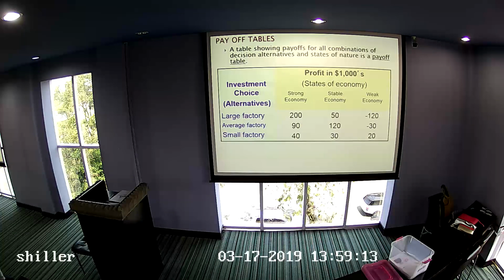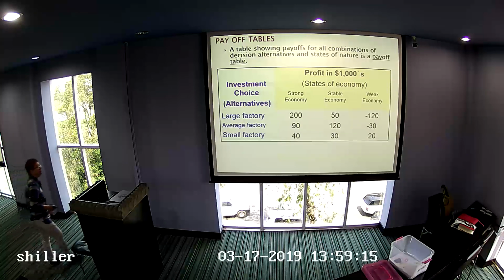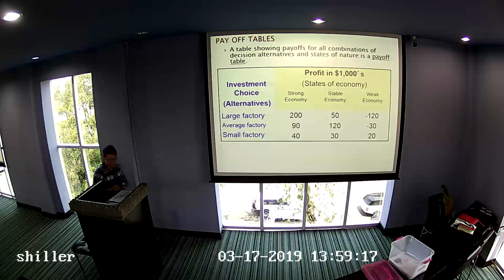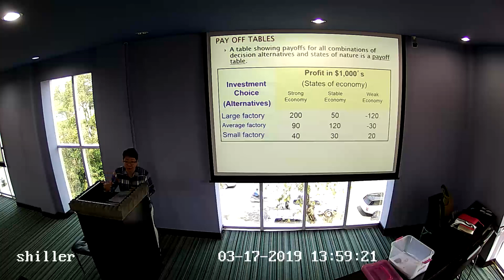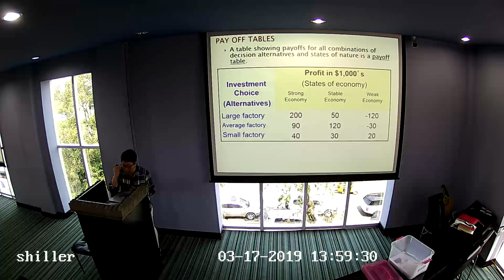The other thing that you need to look at when you have a payoff table, two other things. You have your choices, which is the one you're deciding on, and you have situations. Now look at what I have here. Where are my choices in this scenario? Look at my box. What am I deciding to do? I want to decide whether to make a large factory, an average factory, or a small factory.